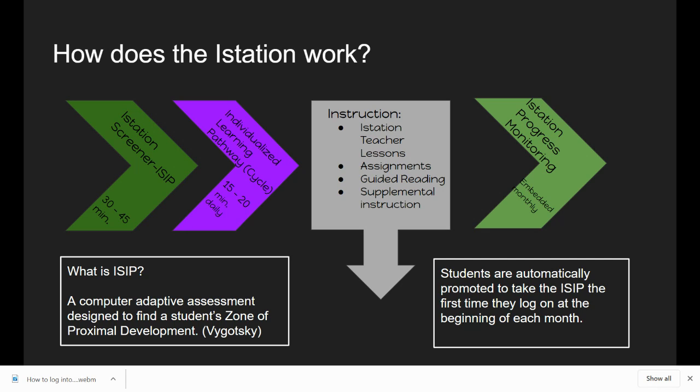So students will work in their individual learning pathway for the remainder of the month after the ISIP, and then the following month, the first school day that students log into the program, they'll automatically be prompted to take the ISIP again. So teachers will have lots of progress monitoring throughout the year because each month students will be prompted to take that ISIP assessment.